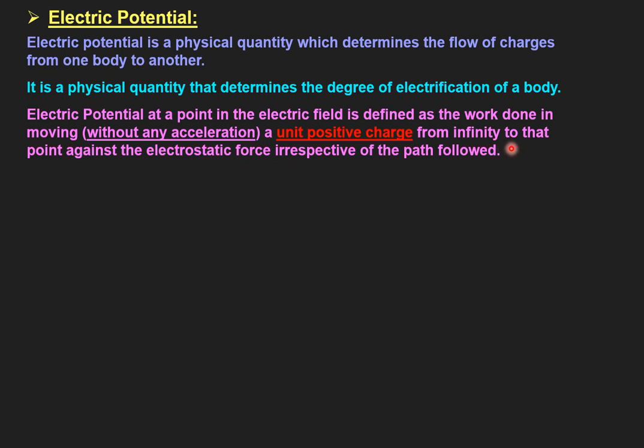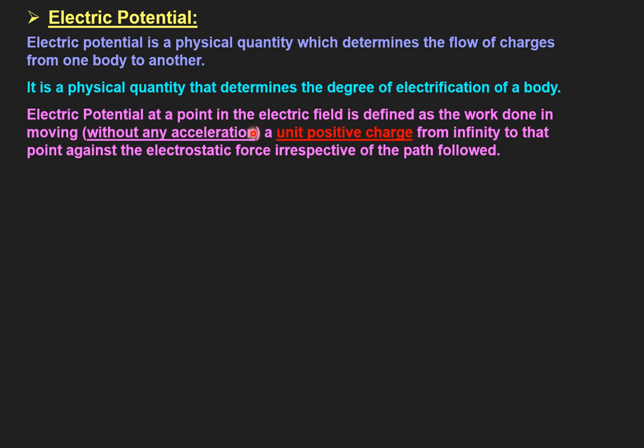Here, first, we start the charge from infinity, meaning the initial point is now infinity. We are going to bring the unit positive charge from infinity to a given point against the electrostatic repulsive or attractive force, and it must be moved without any acceleration.